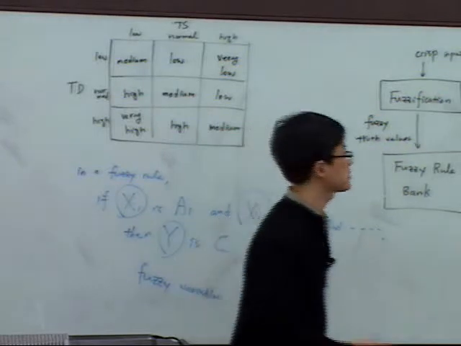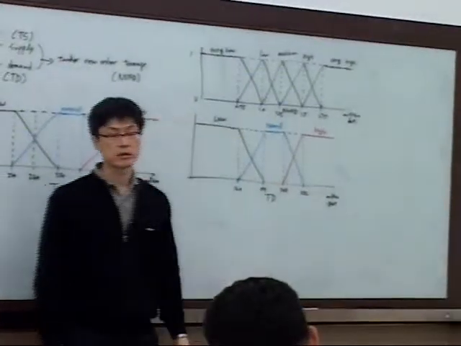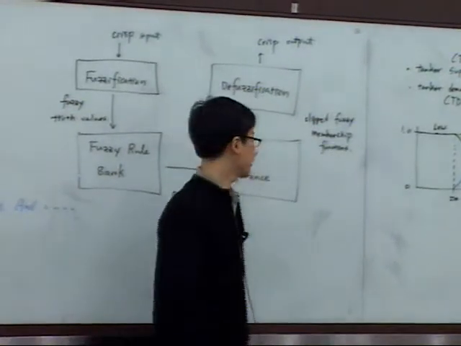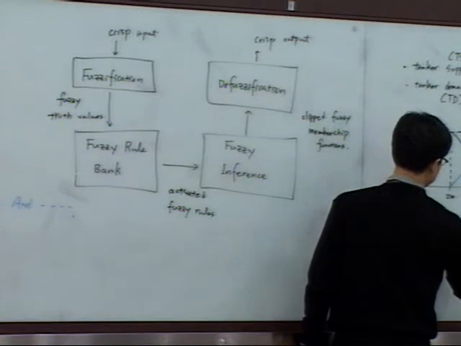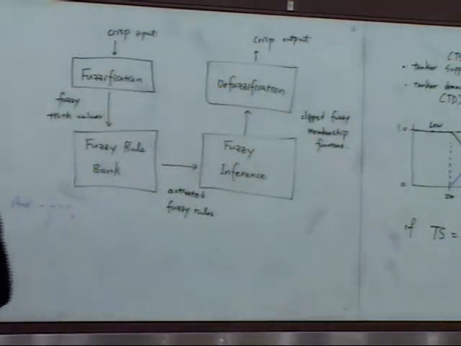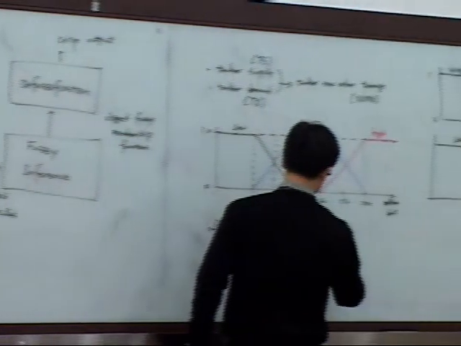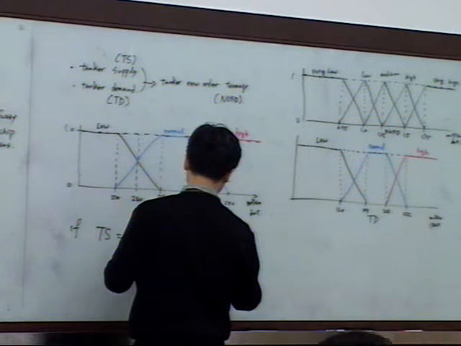Crisp input. For example, we designed this supply, demand, and new order demand like this. For crisp input, what would it be if TS is 240 million deadweight and demand is 168 million?